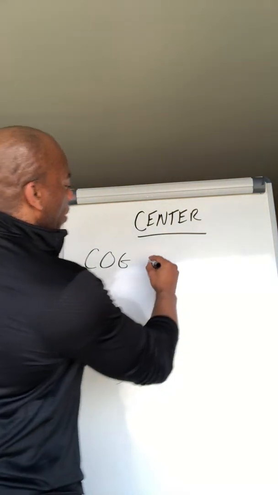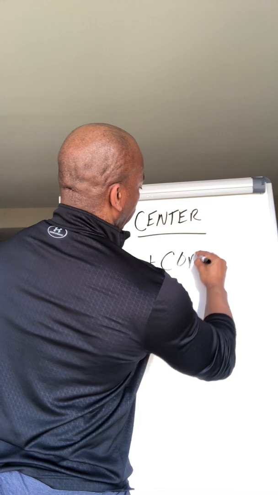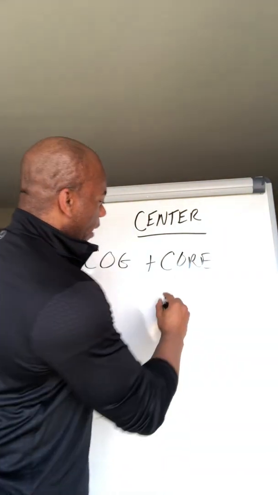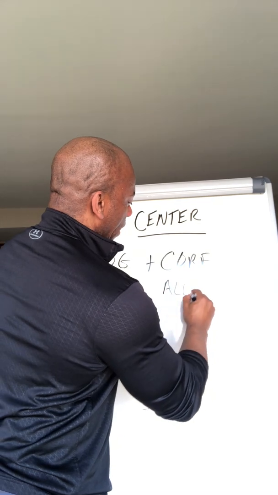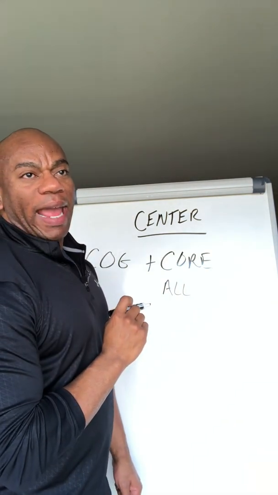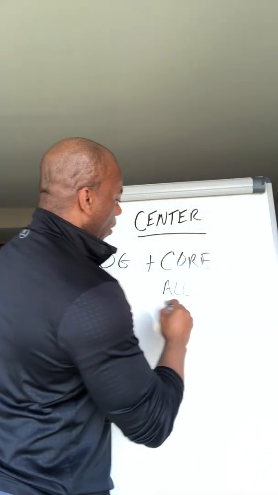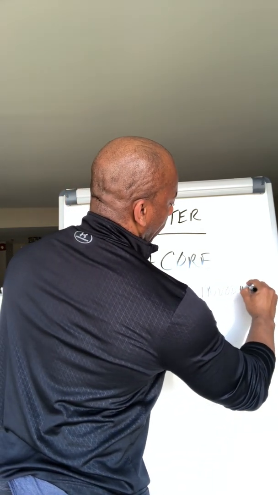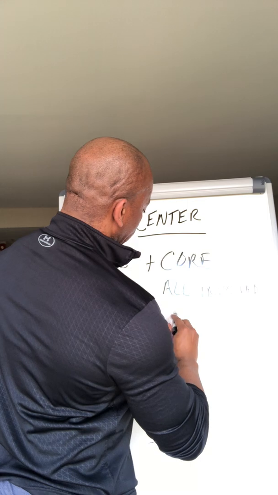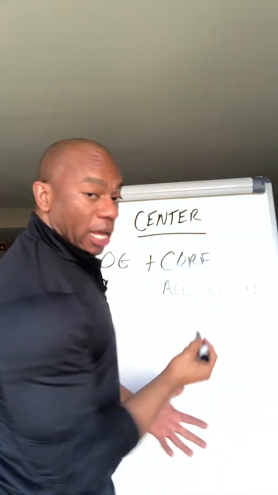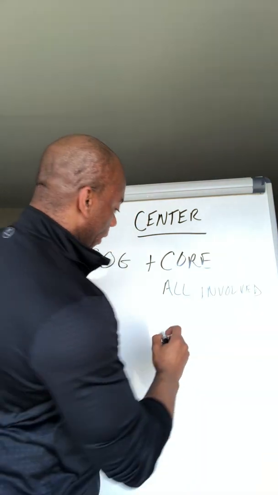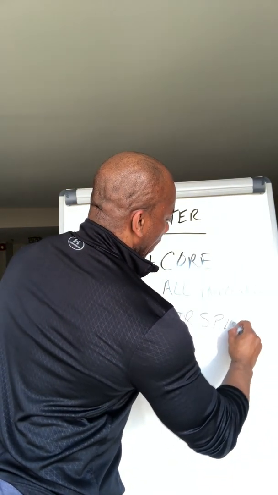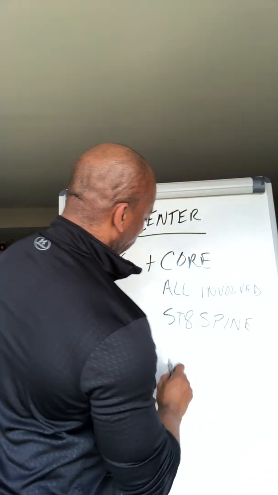Your core are all the muscles that are involved in stabilizing your spine and your pelvis. So all the muscles involved in keeping your spine stable, which in dance we're talking about keeping it straight, a straight spine, and pelvic movement.